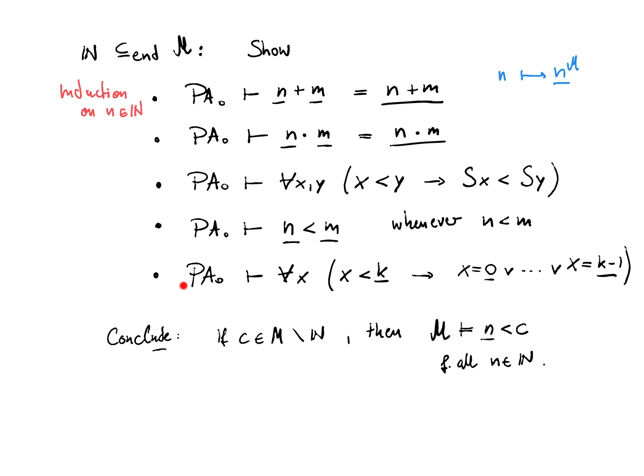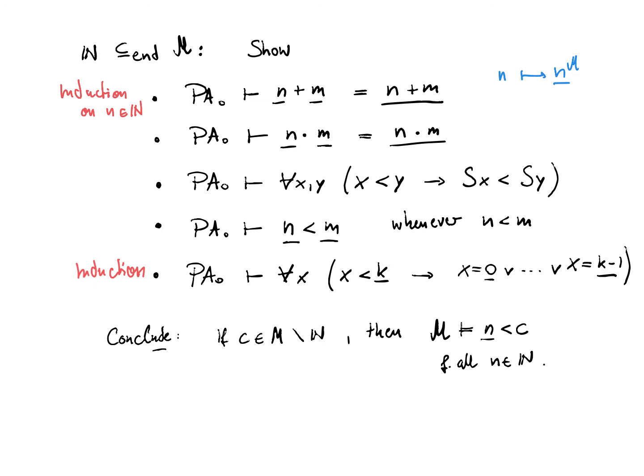And then finally, you can show this: now we actually have a "for all" statement that PA0 can prove, namely that if you're less than k, then you have to be 0 up to k minus 1, so one of those constant symbols. And this is again proved by naive induction on k.